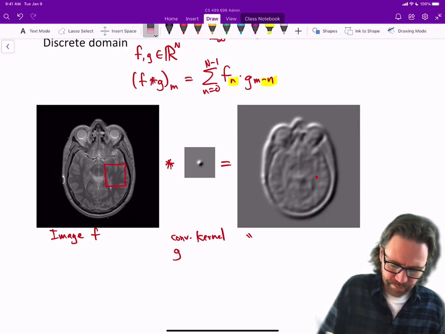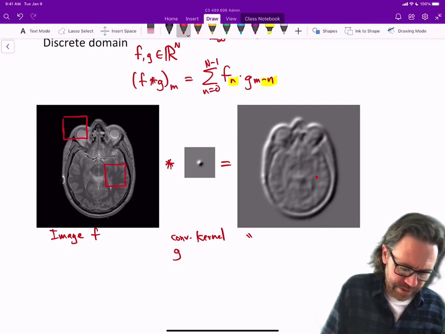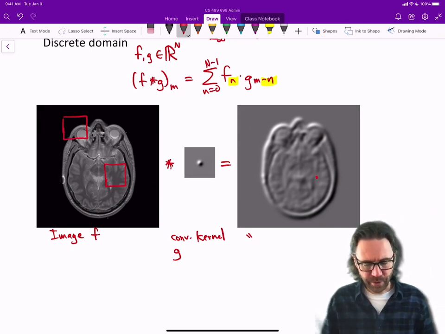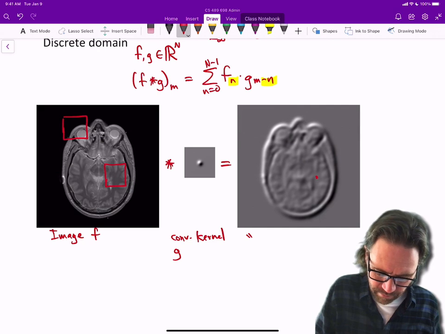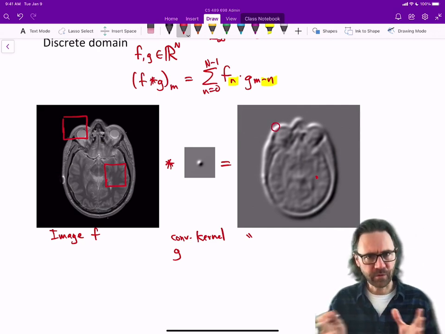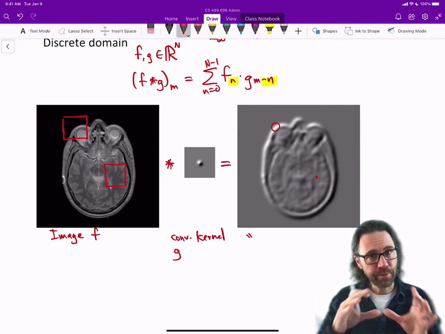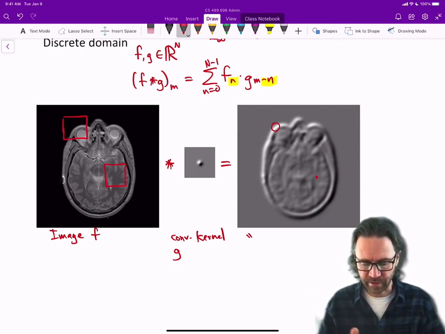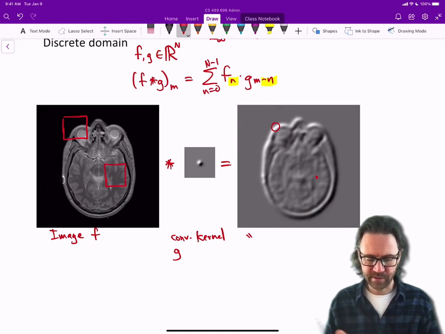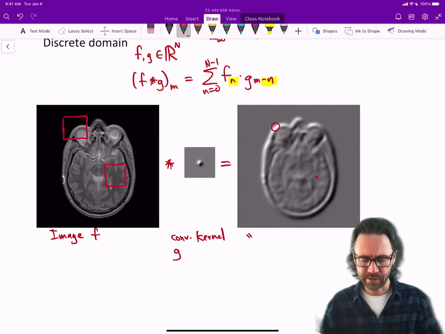So let's say we put the kernel up here. You can see how it goes from dark to bright. And that's why we get a bright edge over here. Okay, so I think you can get the idea. It's basically running this template over, sliding it over your whole image, computing the response and assigning that response to the center pixel in the output image.